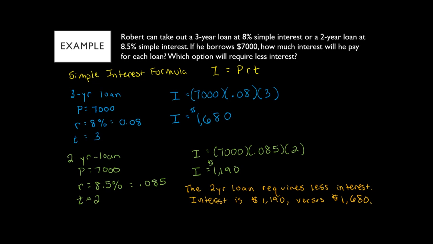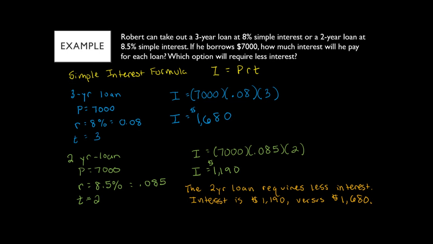So this is an example of using our simple interest formula. And if you're wondering how do I show work, this is a good way to model how you show work for things like this. I always recommend for word problems that you write down the formulas you have, then you write down your variables and what numbers you're plugging into them, like I did, P, R, T. I'm writing what those are equal to, and I'm pulling those from the word problem.